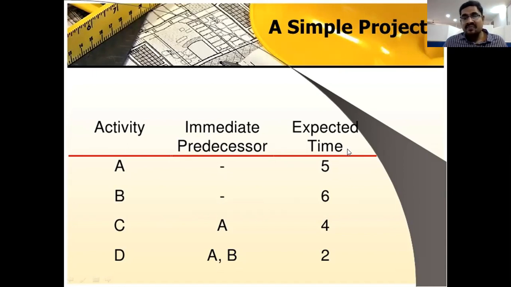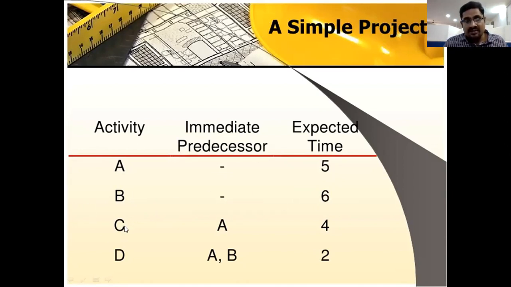These are the expected times 5, 6, 4, 2. Suppose A activity, to complete this A activity we need 5 days or 5 hours of time. Suppose B activity, for its completion we need 6 hours or 6 days.